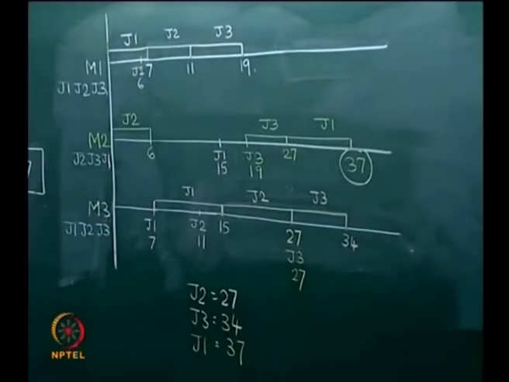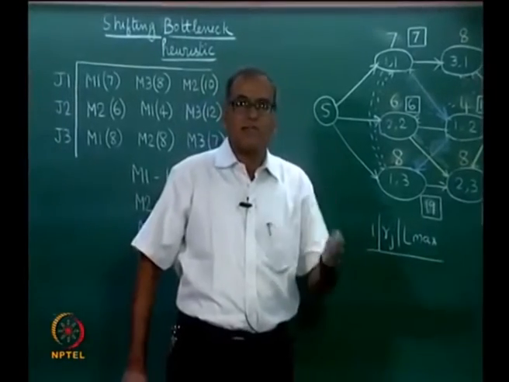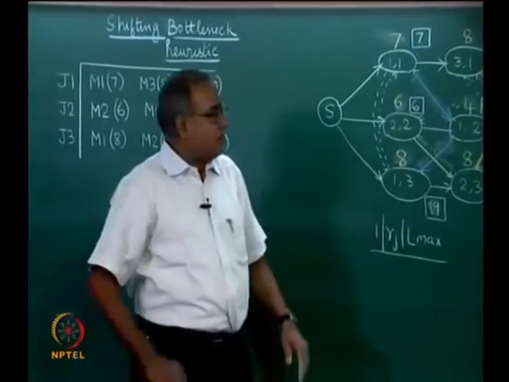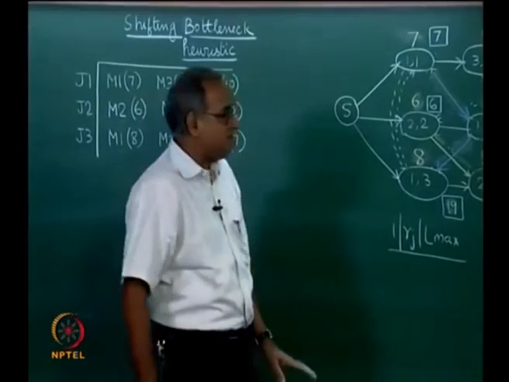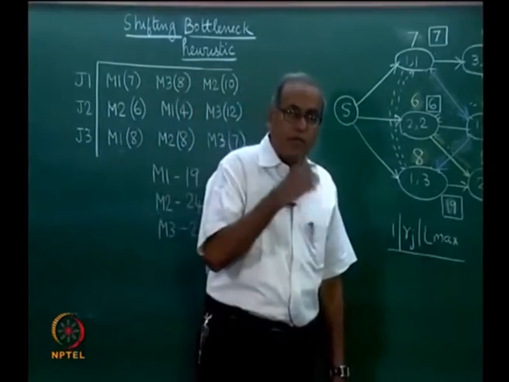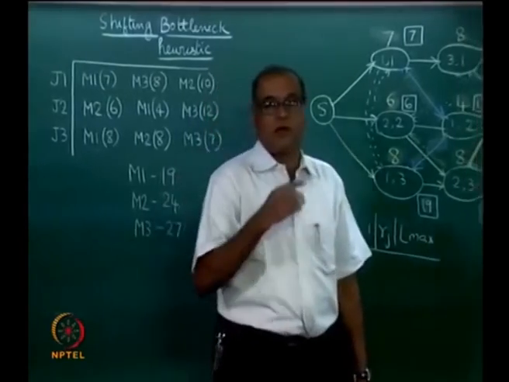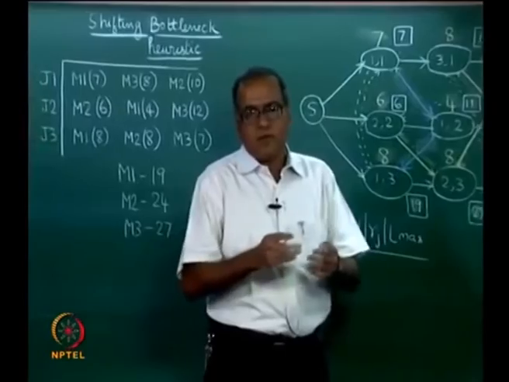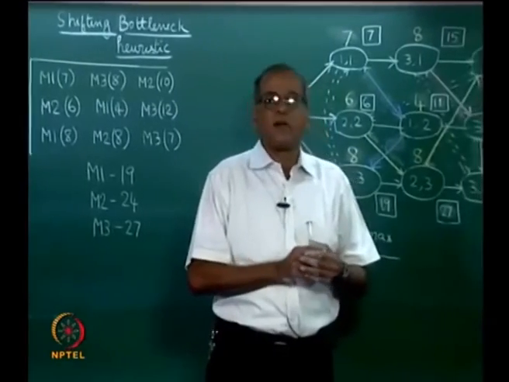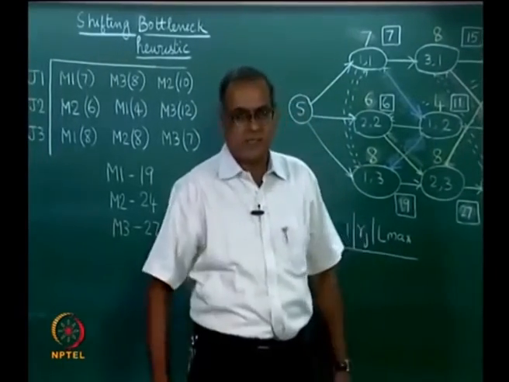The shifting bottleneck heuristic for that particular problem instance gave the optimum solution. So, the shifting bottleneck heuristic is important for many reasons. One, it is able to provide very good solutions even though not optimal on all occasions. It is able to give optimum on many instances and close to optimum on very many instances.